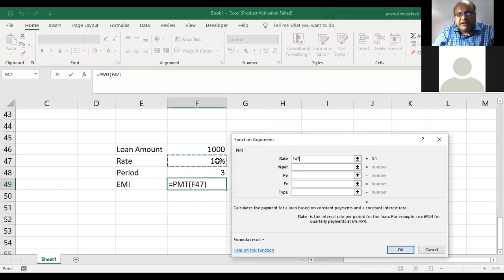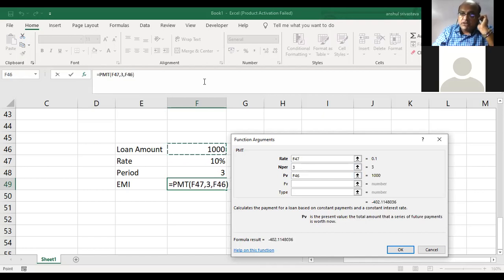PMT के लिए rate would be 10%, number of periods would be 3, PV would be 1000. Since this PV is positive, the EMI will come in negative. Future value is 0, and I told you when we are calculating a loan, the type is 0.